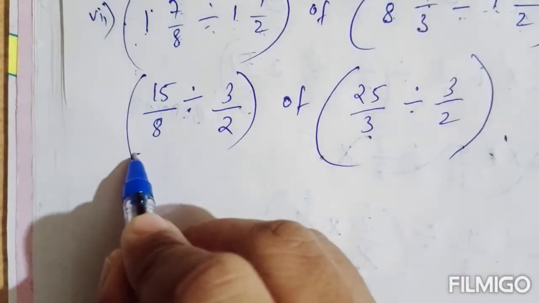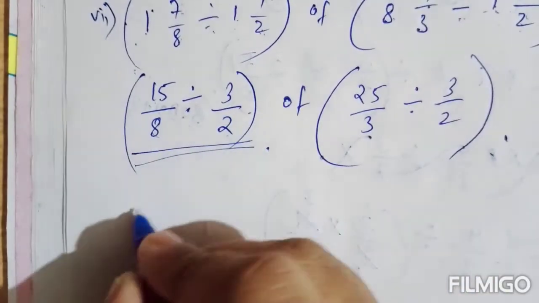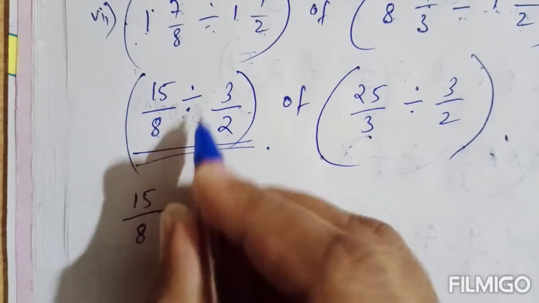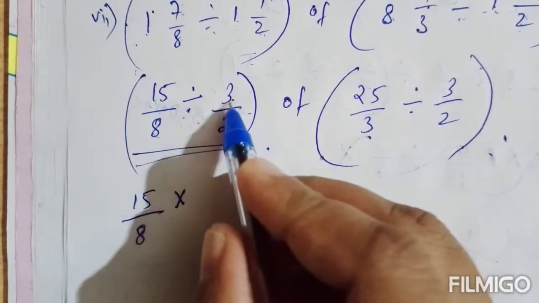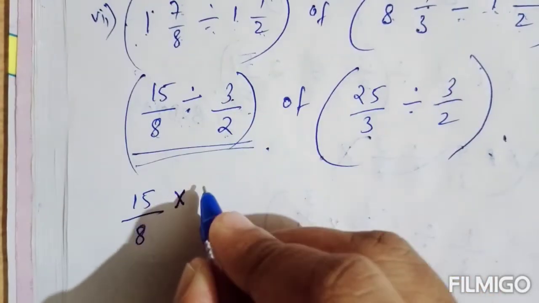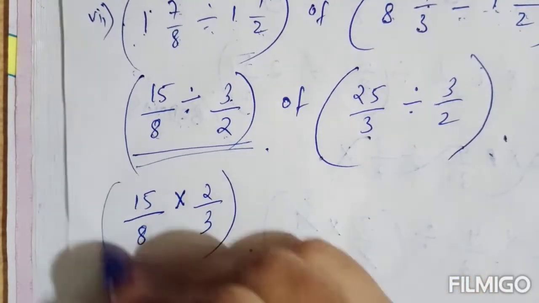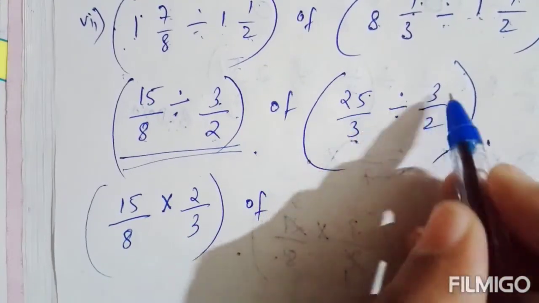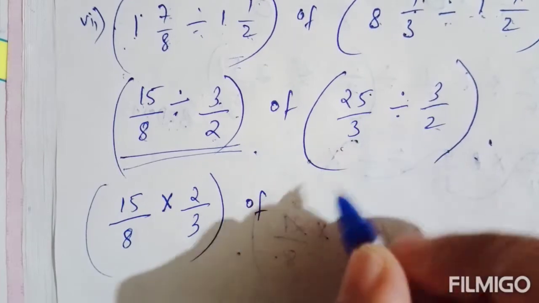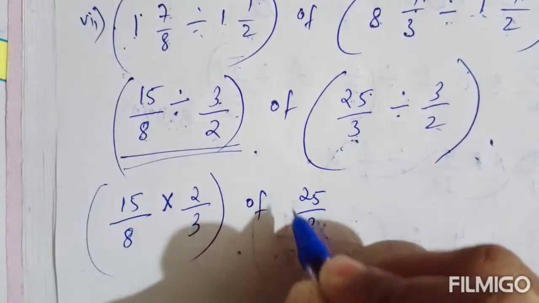Now here finding this division, 15 by 8, you can write that itself. Division sign, it will be multiplication sign. Take the reciprocal of 3 by 2, that will be 2 by 3. Of next 25 by 3 divided by 3 by 2. On solving this, what you will get? 25 by 3, you can write that itself.